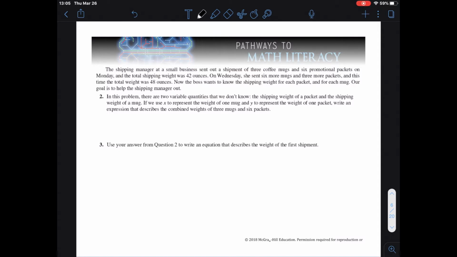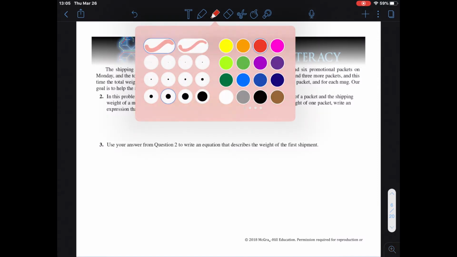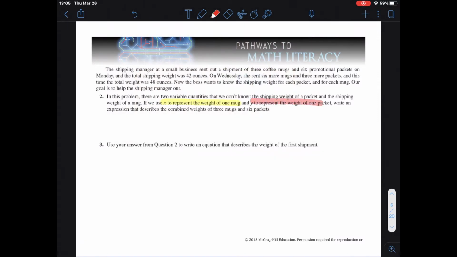So we've got two variable quantities: the shipping weight of a packet and the shipping weight of a mug. We're going to let X represent the weight of one mug, and Y represent the weight of one packet. We want to write an expression that describes the combined weights of 3 mugs and 6 packets.